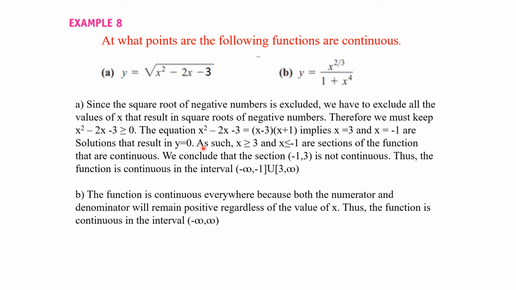As such, x greater than or equal to 3 and x less than or equal to negative 1 are sections of the function that are continuous. We conclude that the section in the open interval from negative 1 to 3 is not continuous.